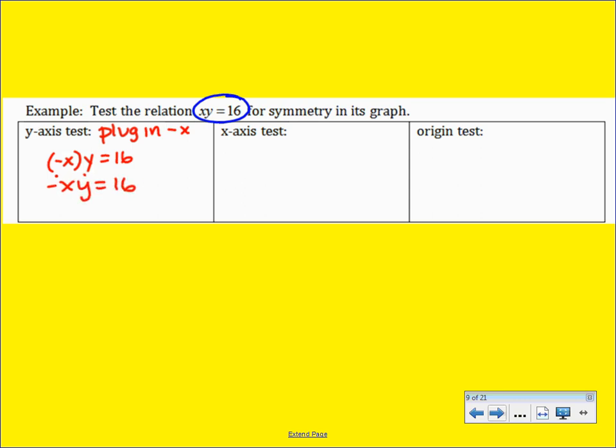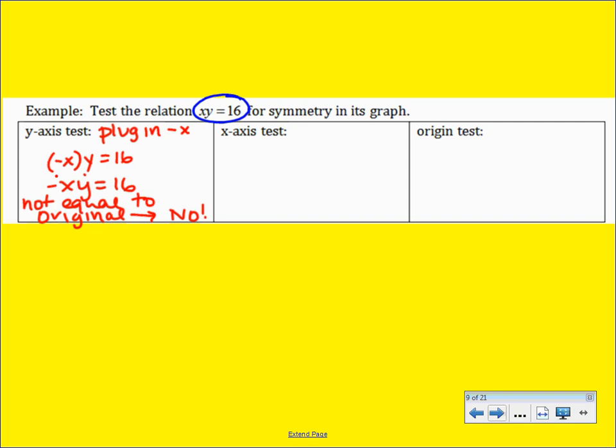Now the question you want to ask yourself is, is that exactly the same as what we started with? No. No, then it is not y-axis symmetry. This is not equal to the original.